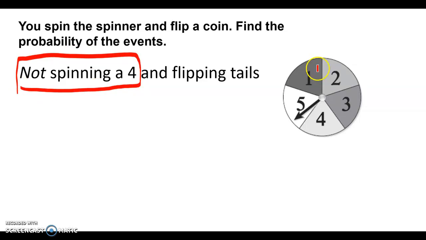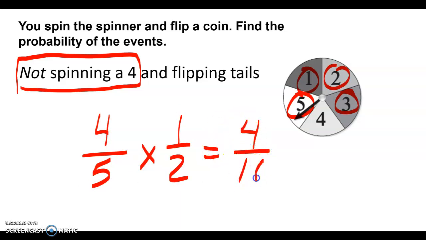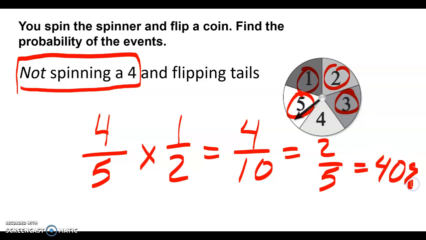How many numbers are not a 4? 4 of them out of the 5. Then flipping tails. So that would be 4 out of 10, which would simplify to 2/5, which would be 40%. So it's up to you if you want to put a fraction or a percent.